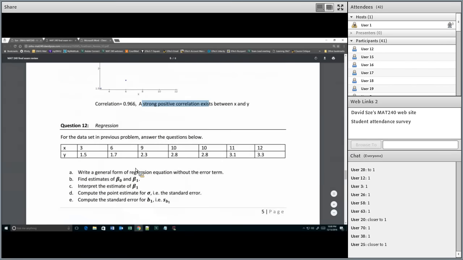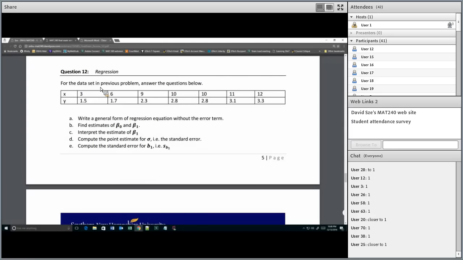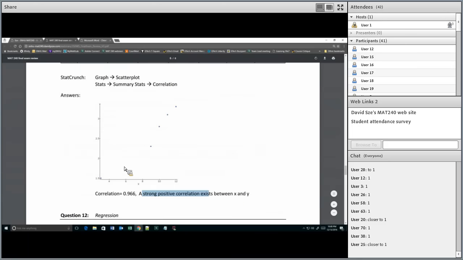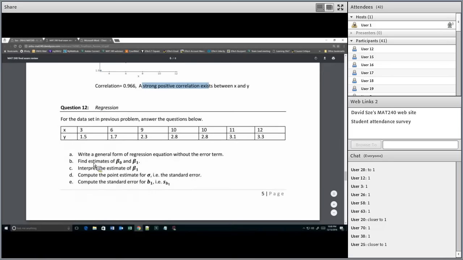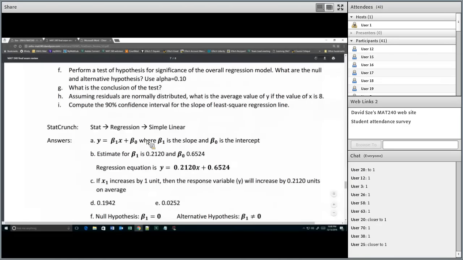Okay, now we go to probably the longest problem in this lecture. So now we have the same data set as this one. Same data set, nothing has changed, but we have to do regression on this. So write the general form of regression. The general form of regression is simply this given here.